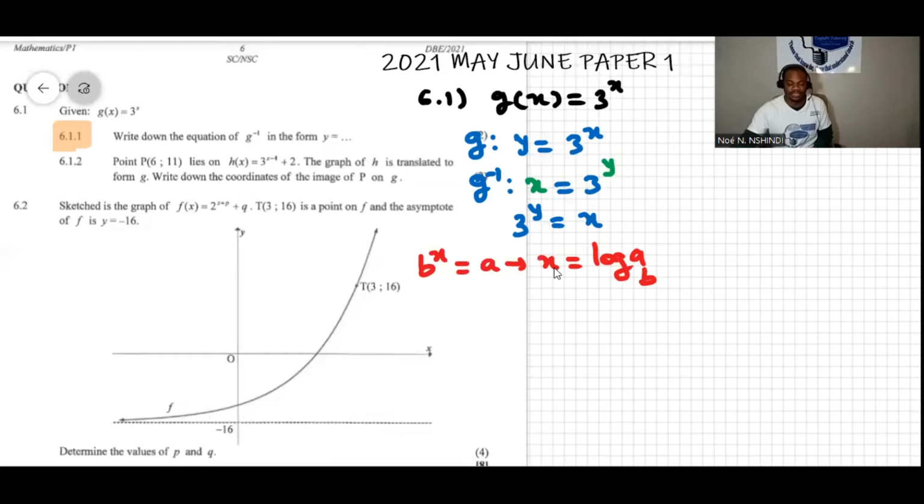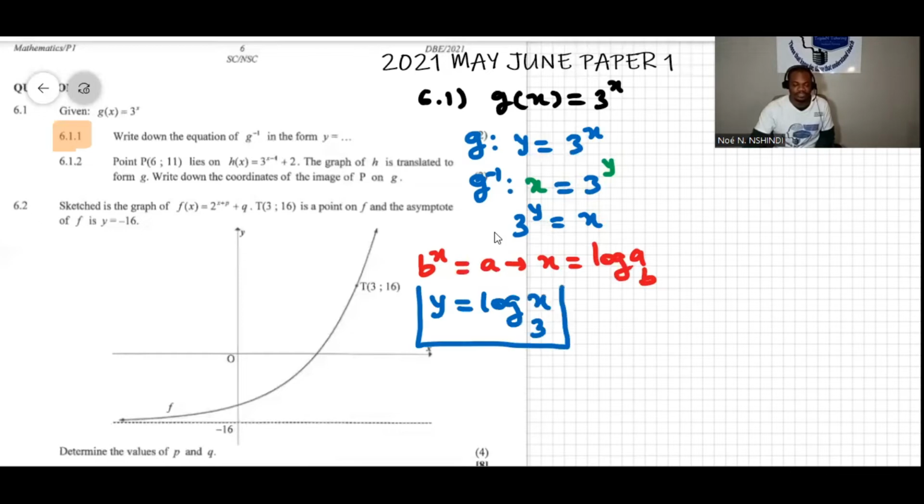So y will be equal to log of a base b. So a is x, and b here is 3. So that's going to be log of x base 3. So this is the form y equal to of the inverse function g inverse.